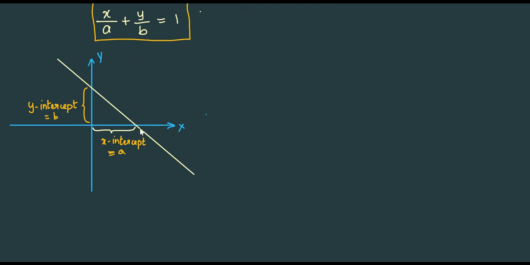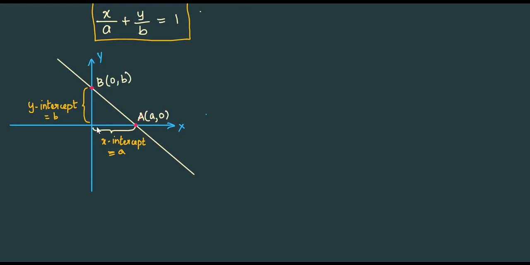So this point here will be a. I'll write in a different color. This point will be a comma 0, and this point will be 0 comma b.